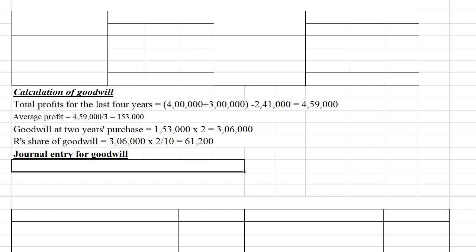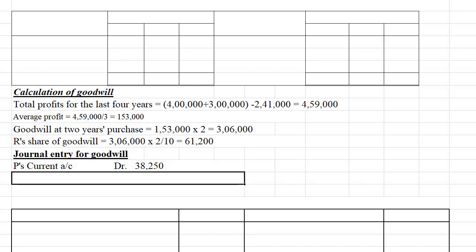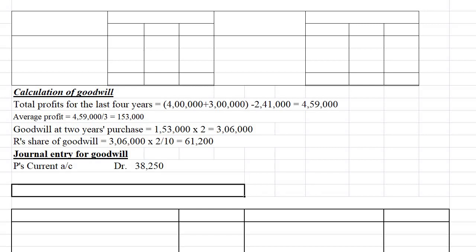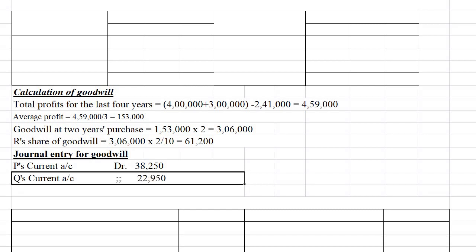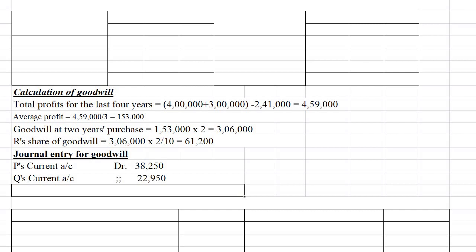So we have to write here P's current account debtor, P's current account debtor. Next, Q's current account debtor. So Q's current account debtor to R's current account, R's current account.